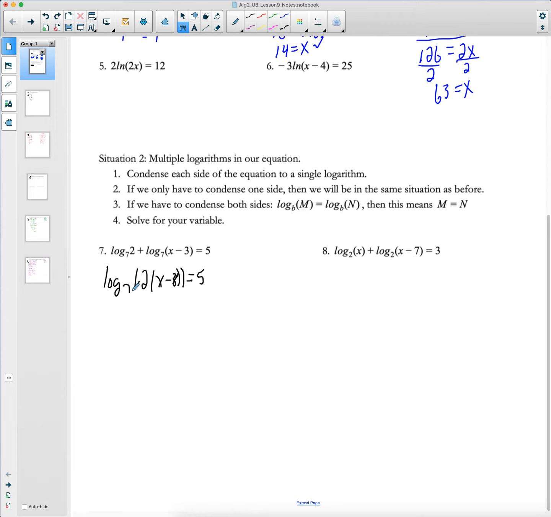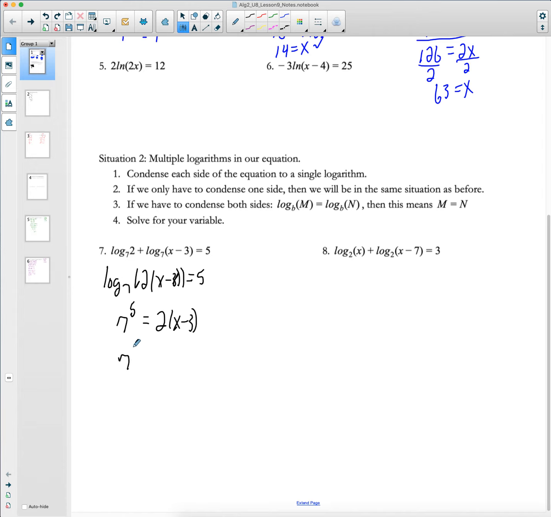So now I can write this as an exponential. So I have 7 to the 5th power equals 2 times x minus 3. Now this is one of those situations where 7 to the 5th power is a pretty big number, so I'm going to leave it like that. And I'm just going to go ahead and solve for x here.